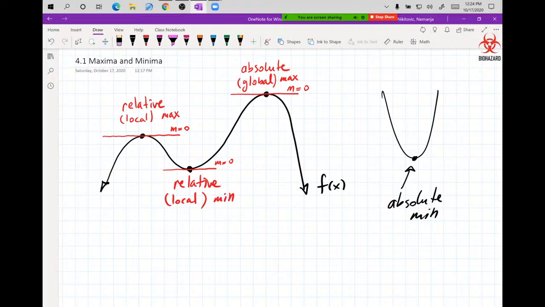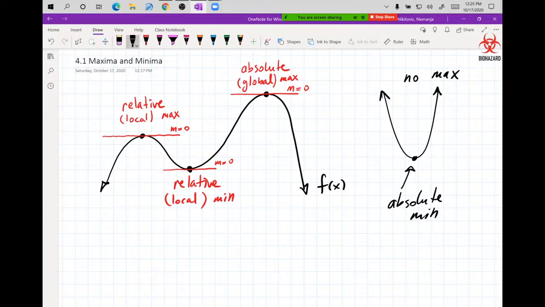So Professor, I'm sorry. How would you define the maximum on the right side then? Is it both a global on each side? You mean here? Yes. No max. No max at all, because this function will go forever up. So we only have one absolute min and no absolute or relative max in that case.